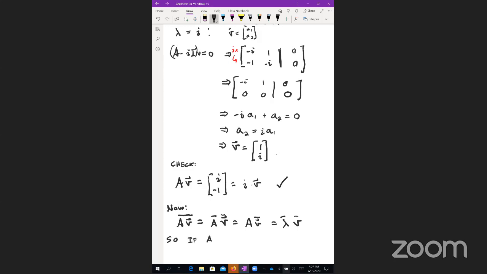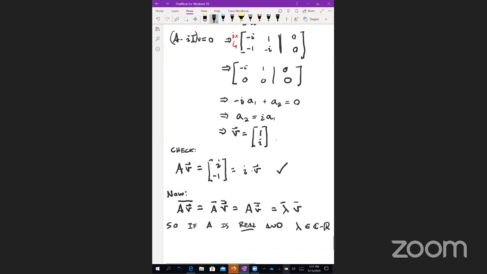So if A is real, and we have a complex solution, and lambda has to be a non-real solution. Sorry, a non-real eigenvalue with eigenvector v.